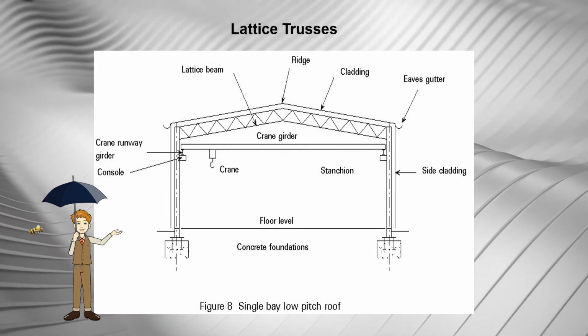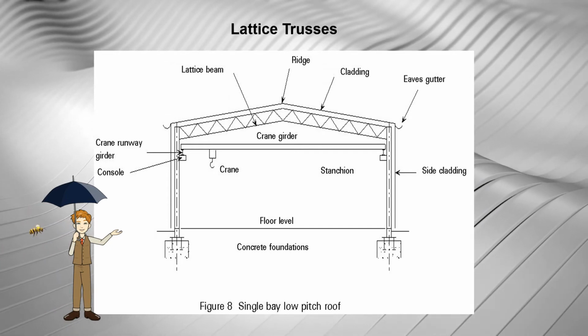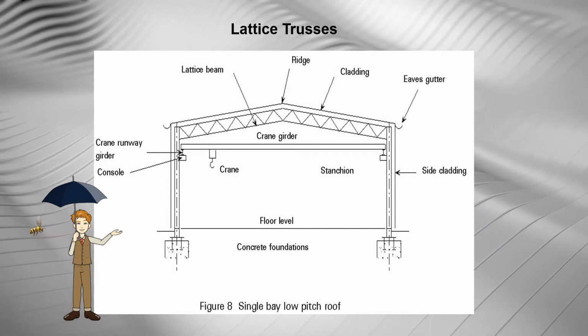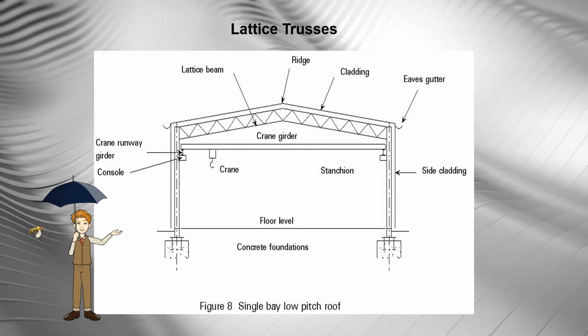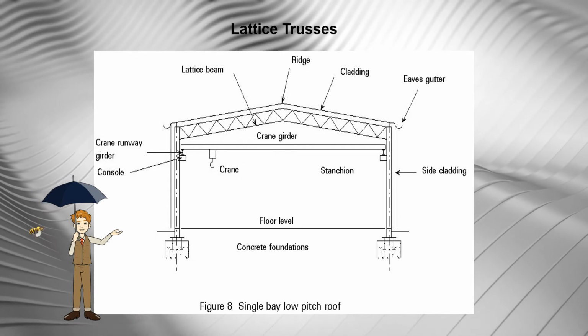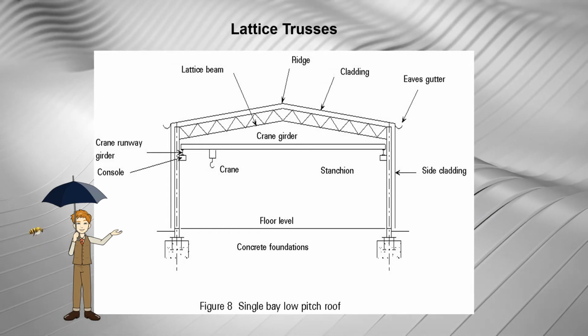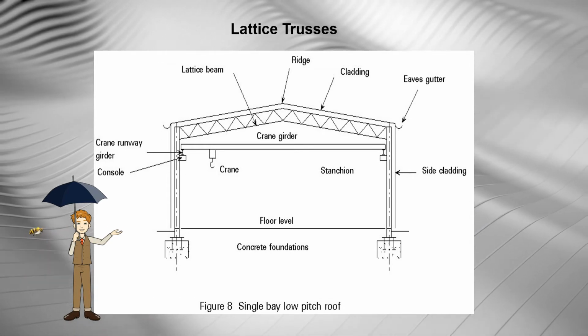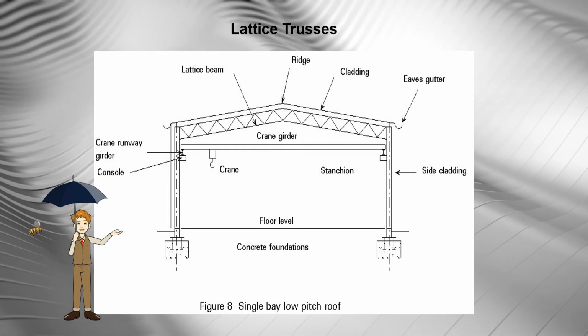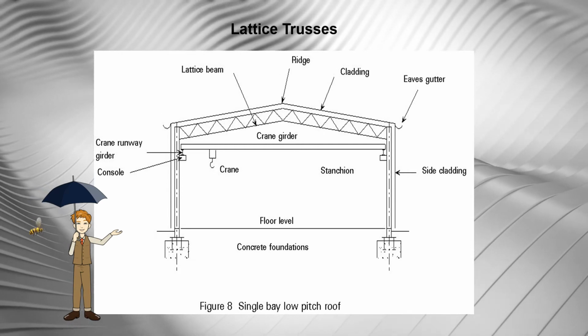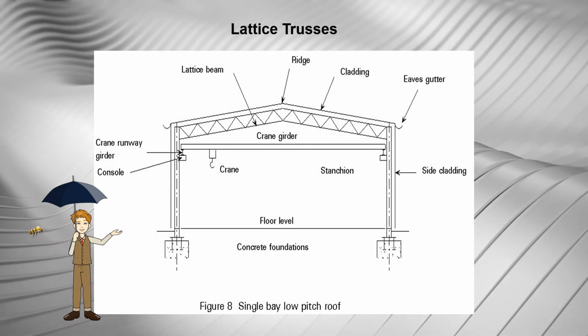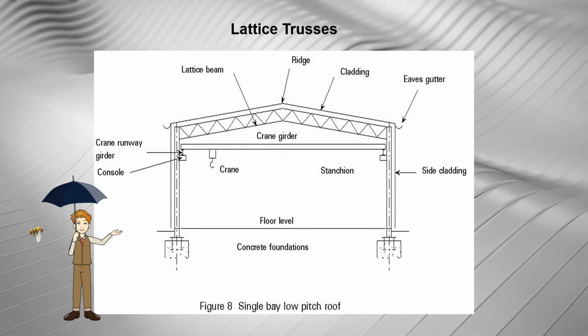Number 2, traditional sections, for example angles, tees, channels and I sections. And number 3, the combinations of item number 1 and number 2. The selected truss should reflect not only the design aim to produce the lightest frame, but also fabrication and erection requirements.